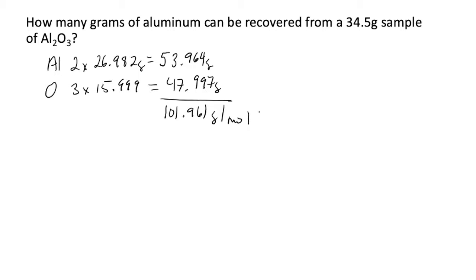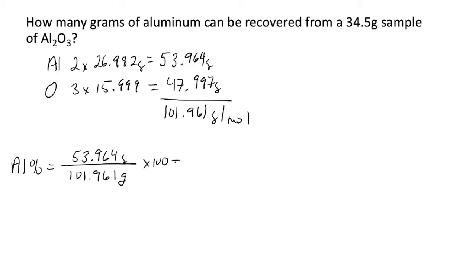Now we're going to plug in the grams of aluminum in aluminum oxide and the total molar mass of aluminum oxide into our equation to calculate the percent of aluminum. There are 53.964 grams in every molecule of aluminum oxide, and each molecule of aluminum oxide has a mass of 101.961 grams.